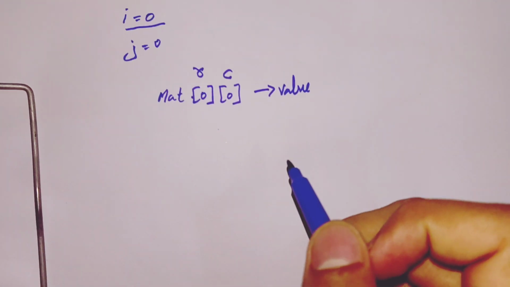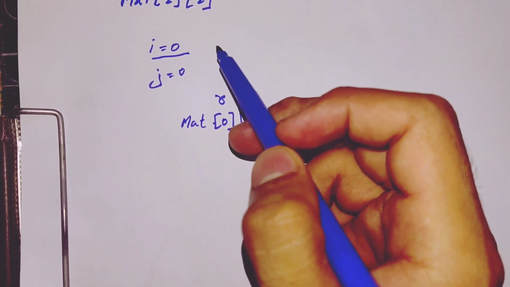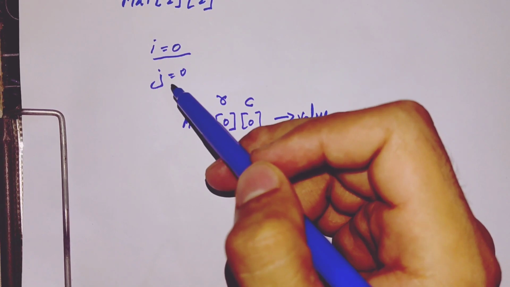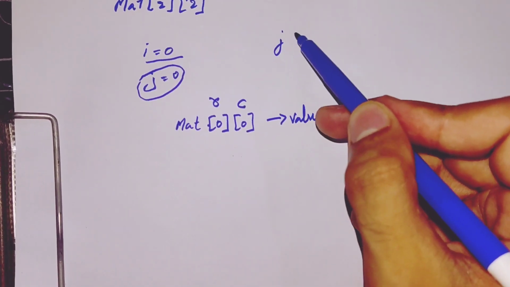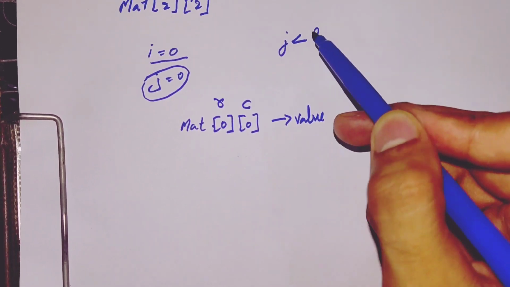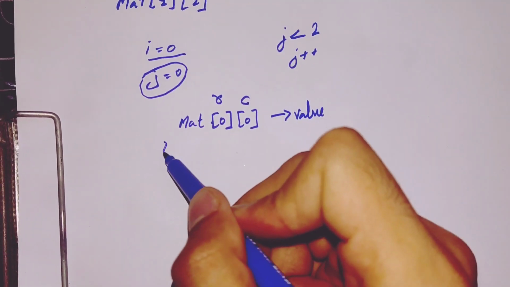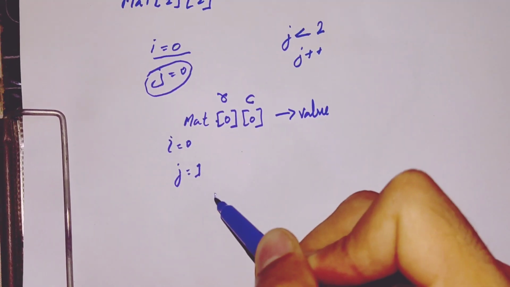Got it? Okay, now what happens is that we do not get out of the loop. Instead, it increments j because we have the condition j is less than 2, so j is incremented by j plus plus. So now the i value remains 0 and the j value is 1. So what happens?